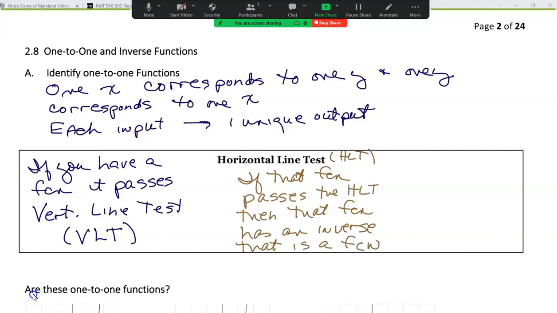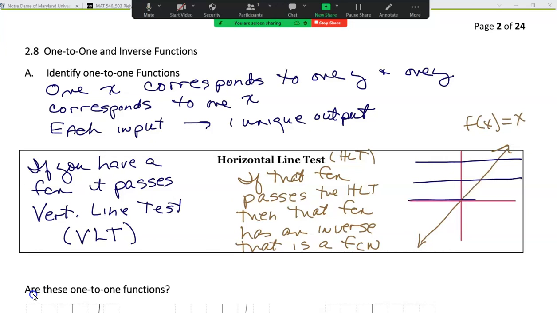So basically, if you have a function like this, let's just do something very basic. So let's do the parent function for the line. That's your line. That's your y equals x. Does this pass the horizontal line test? So if you drew horizontal lines, does it only hit every place once?